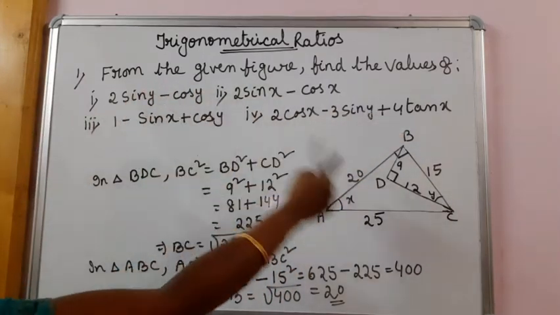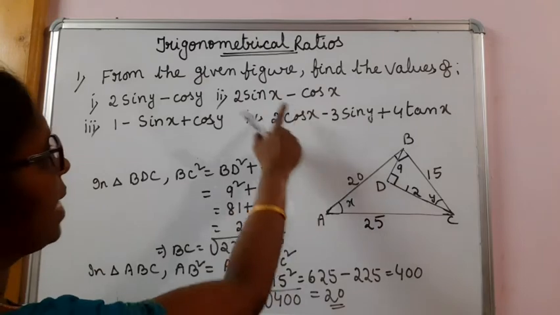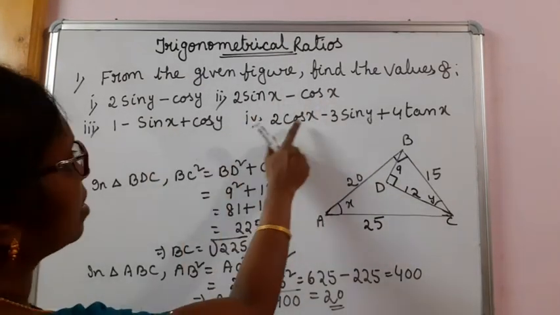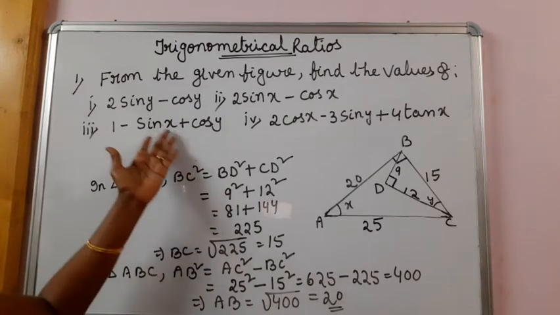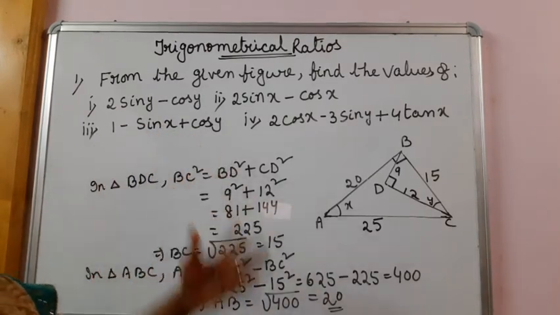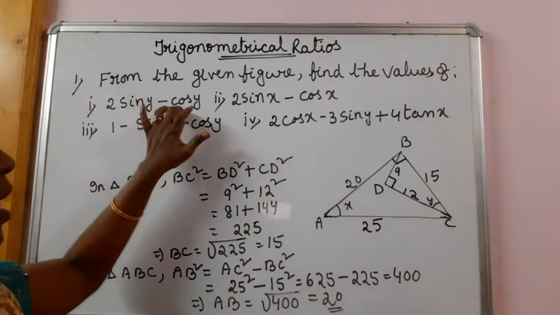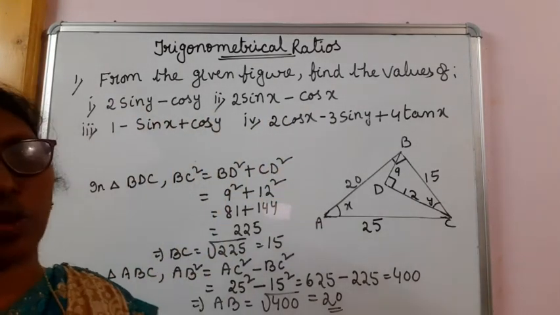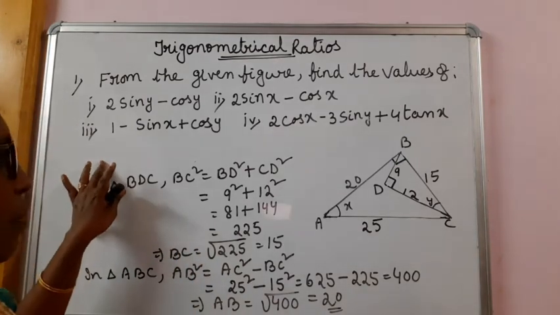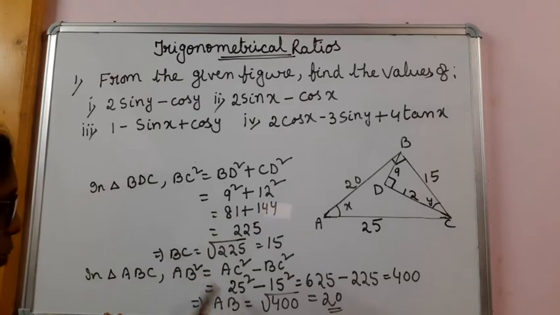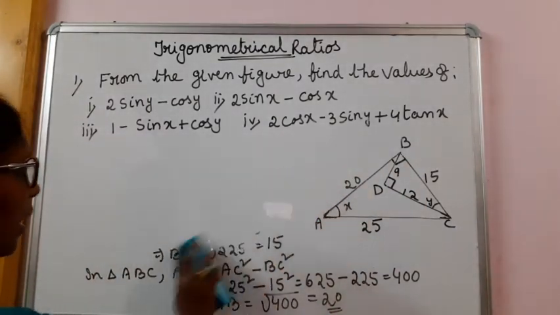So only for angle y, sin y and cos y are there. And for x, sin x, cos x, sin x, cos x, here tan x is there. Okay, one by one when we do, we can do. Or first we can find the values of sin x, cos x, tan x, sin y, cos y, and we can substitute the values. Any way we like, we can do. So let us do one by one. So now we got BC and AB. I have marked here. Now let us work out each bit.